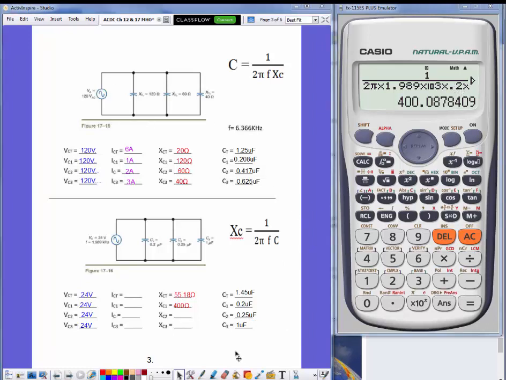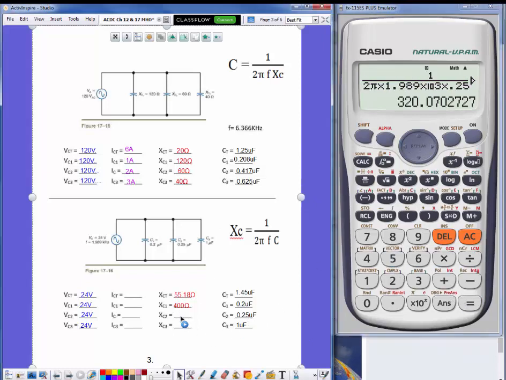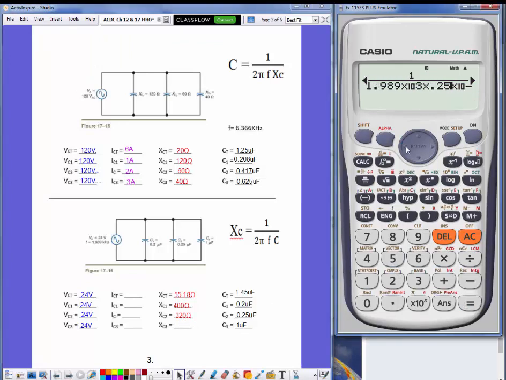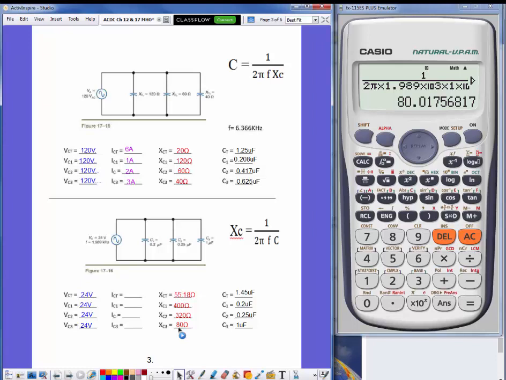I'm sorry, that was supposed to be 0.2, giving you 400 ohms. Scroll back up, we're going to change it to the next one, which is 0.25, giving me 320 ohms. Go back up, go to 1 microfarad, and 80 ohms.